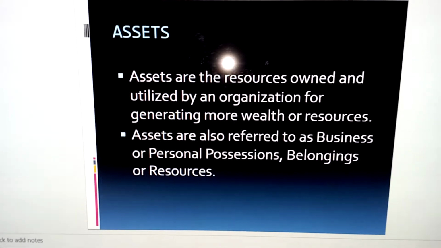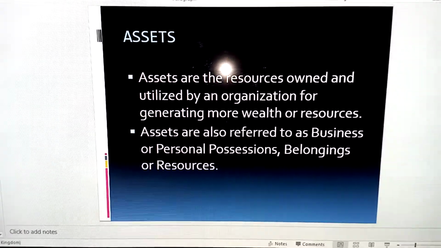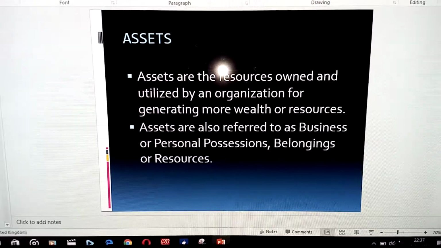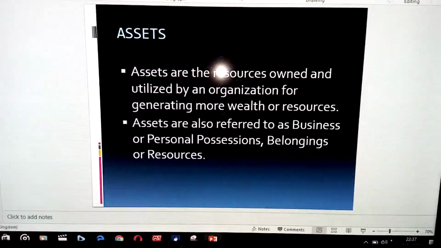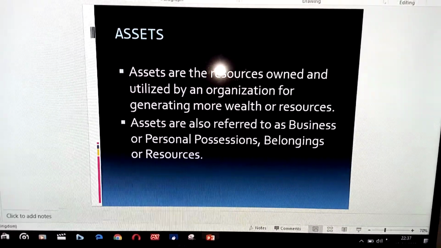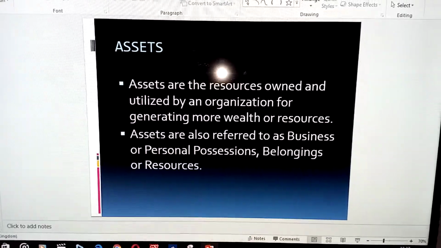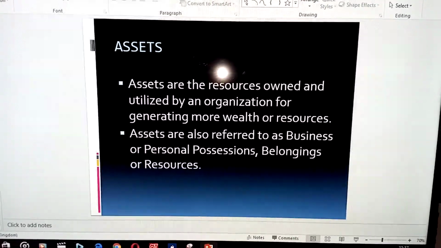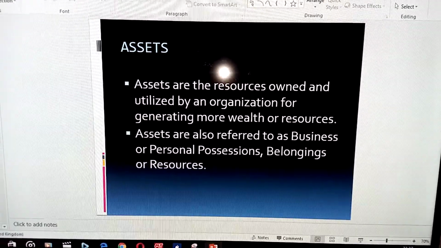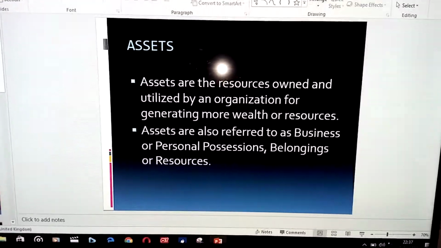Now, assets are the resources owned and utilized by an organization for generating more wealth or resources. We can as well say assets are business or personal possessions or belongings or resources.